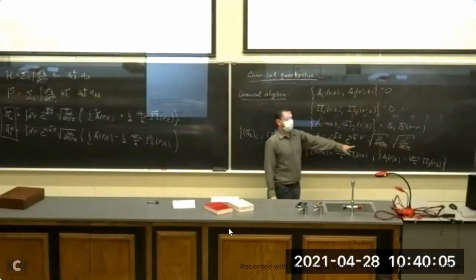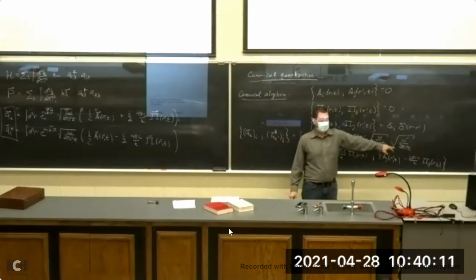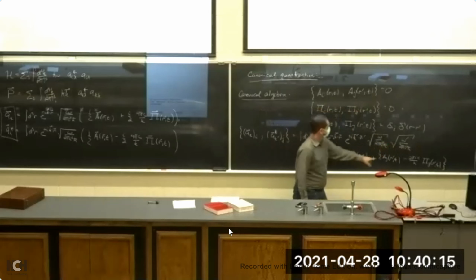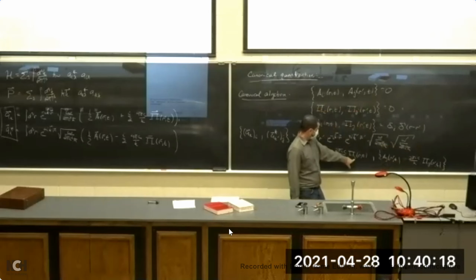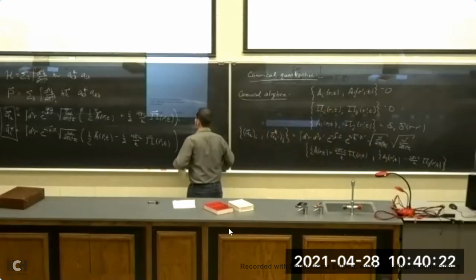Since the bracket of A with A is 0, I don't even care about those terms. Likewise, the Poisson bracket of pi with pi is 0. The only thing that I need to keep from this bracket are the cross terms: one A with one pi, and the other pi with the other A. So that gives me exactly two terms that contribute.